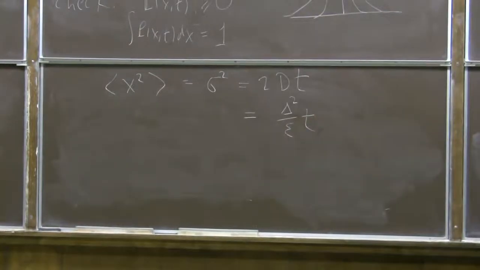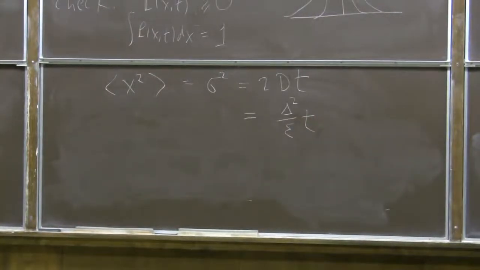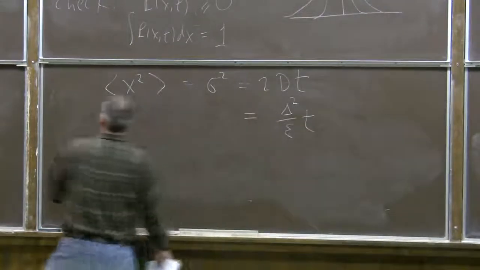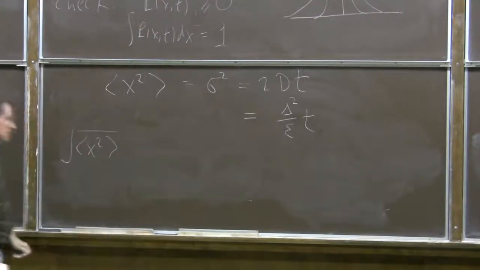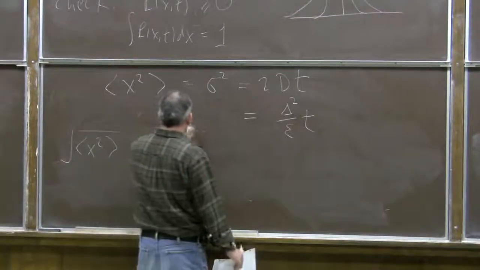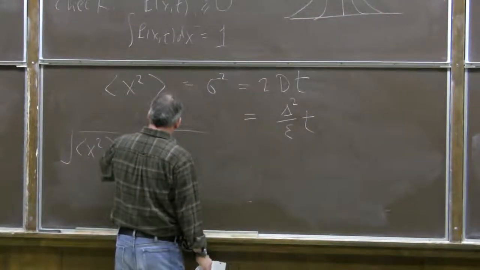So the width of the distribution grows like the square root of t. The square root of the mean square value of x squared is equal to the square root of 2Dt.